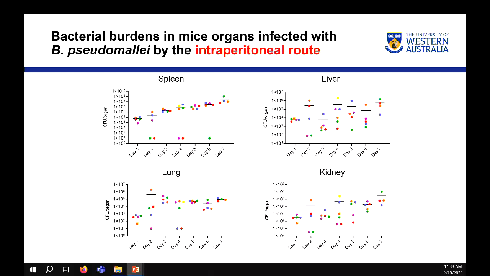And in the kidney, a bit like the liver, a little bit varying levels. And you get these odd mice where there's hardly any, like the infection's not doing much to them. But you can see that there is definitely bacteria in these organs during each of those days. So this is by the IP route.